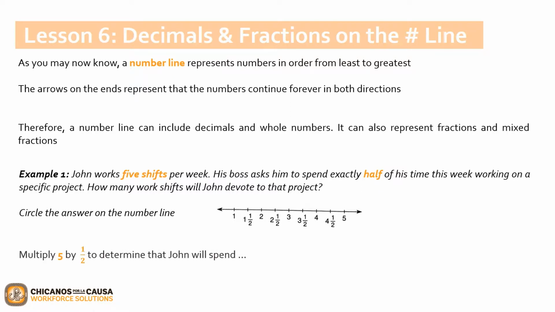So we're going to multiply 5 by 1/2 to determine that John will spend 2.5 hours, or I guess in this case, shifts, 2.5 shifts he is going to devote to a certain project. Therefore, our final answer is in fact 2.5 shifts.